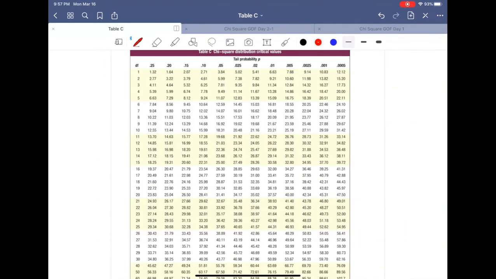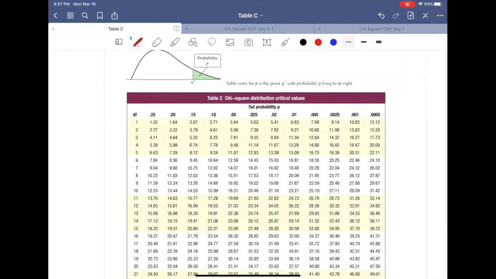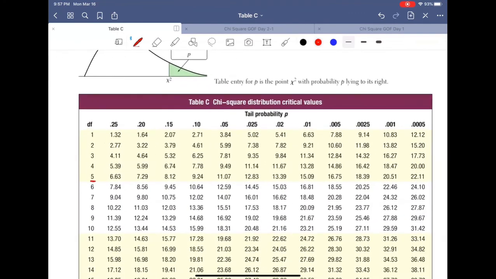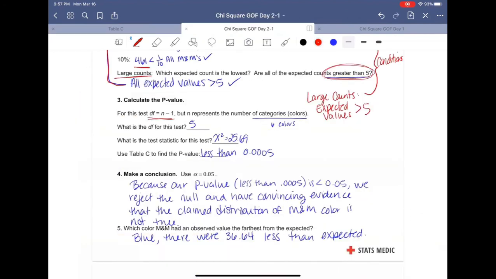So I'm going to hop over to table C, and I'm looking here at row 5, and I'm going over until I find a chi-square test statistic close to 25. Well, that's actually off the page. So what that means is that our p-value is less than 0.05. So I've got that written here. That's just a reminder of how you find that.